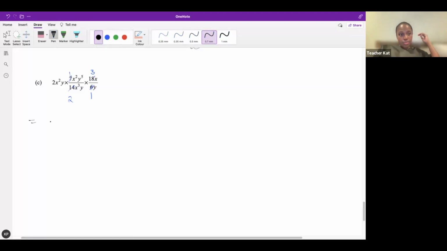So I'm going to leave this 2x squared y here since we're working in the fractions. Times. Now we have a 1 at the top. We don't have to write it. It's going to be x to the power of what minus what? Well, on my second fraction now. So it's going to be x to the power of what minus what? 2 minus 3.